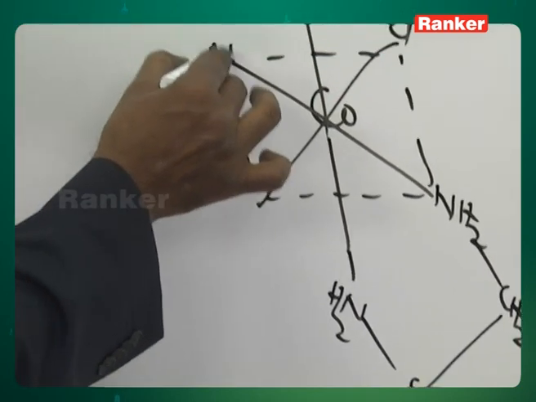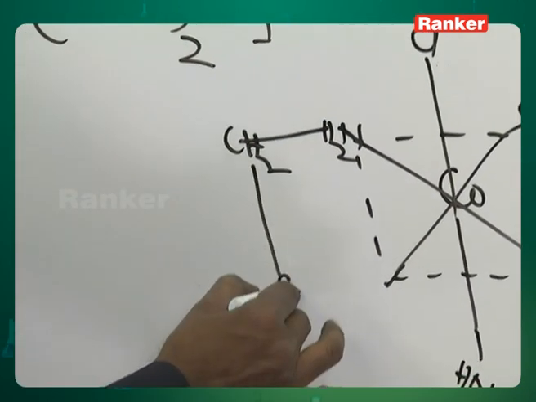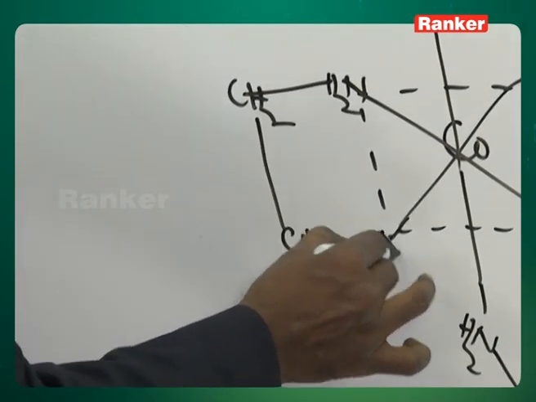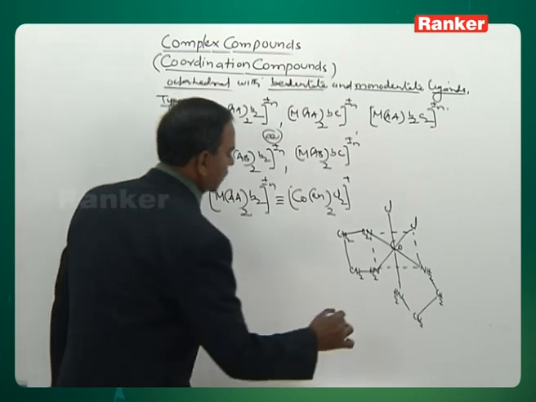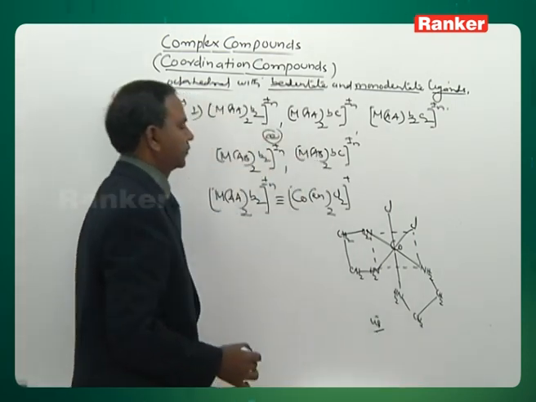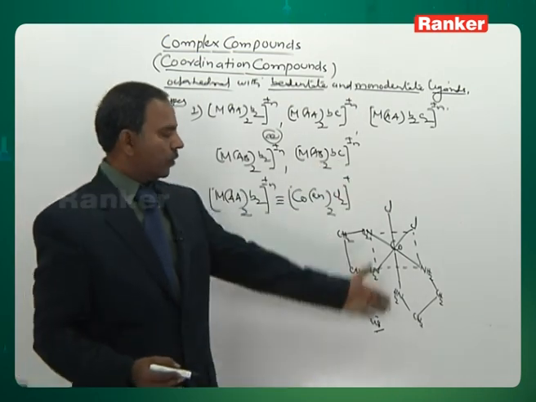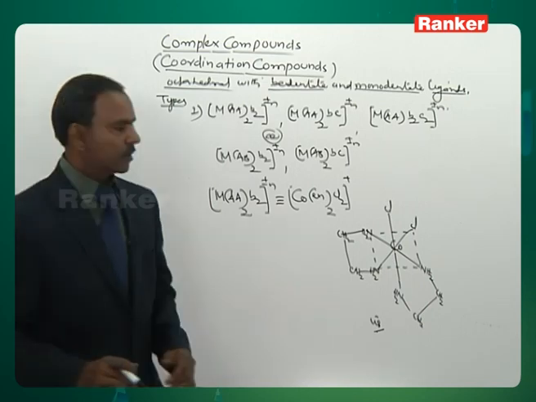Next, with two ethylene diamines, this we take as cis complex. Next we write the chloride ligands on axial positions, which makes it trans.